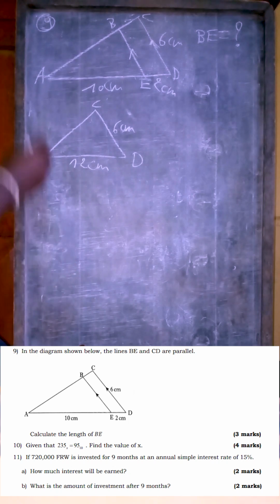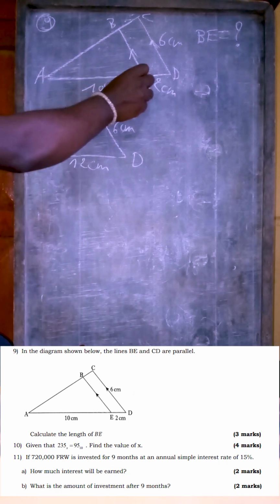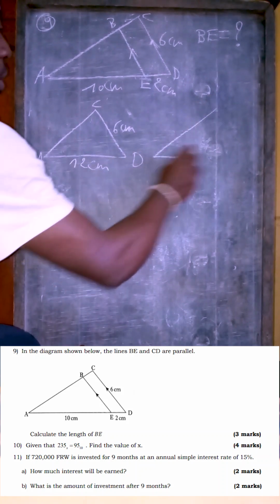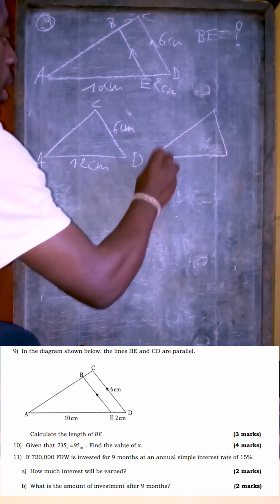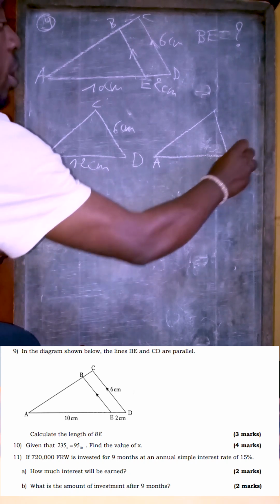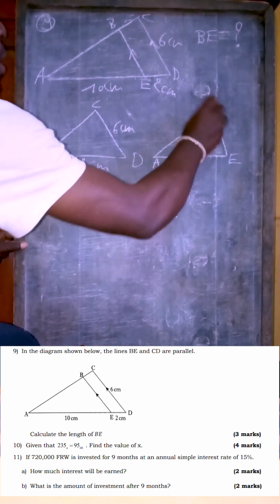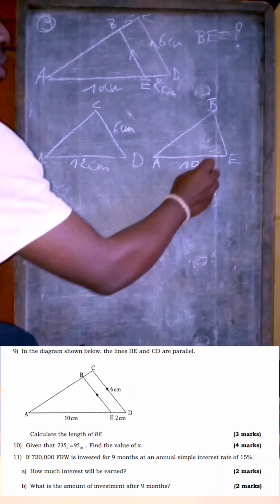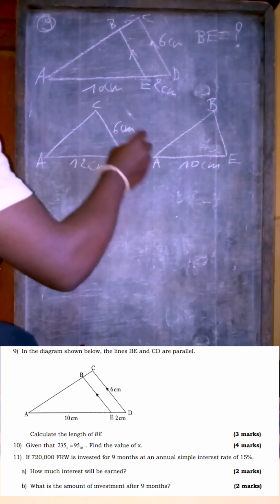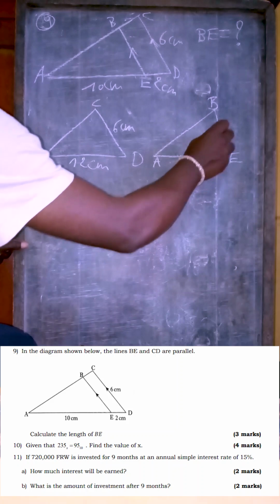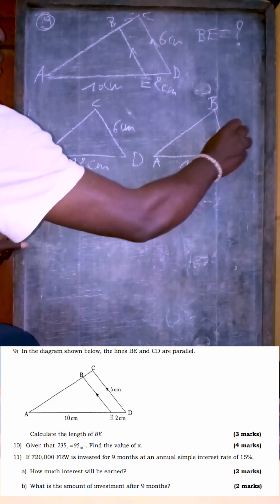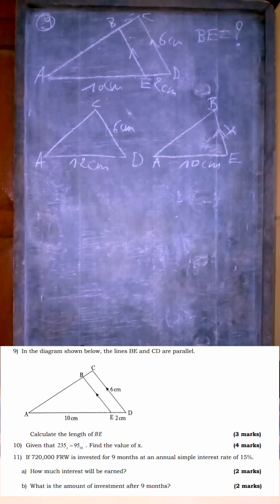The second triangle is from A up to E up to B. In this triangle A up to E up to B, A to E is 10 centimeters, and BE is unknown, where we have to find this BE. Let us call it X centimeters.